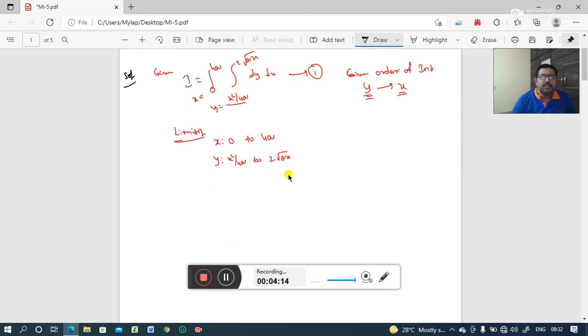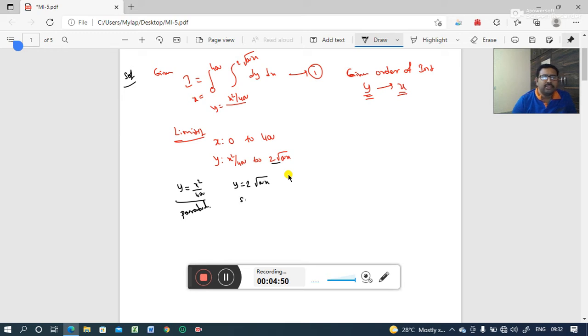For that, x from 0 to 4a is a constant limit. So from the y limits we can equate them to y. Your lower limit of y is x square by 4a, so y equals x square by 4a represents a parabola. Similarly we equate the upper limit of y, which is 2 into square root of ax.